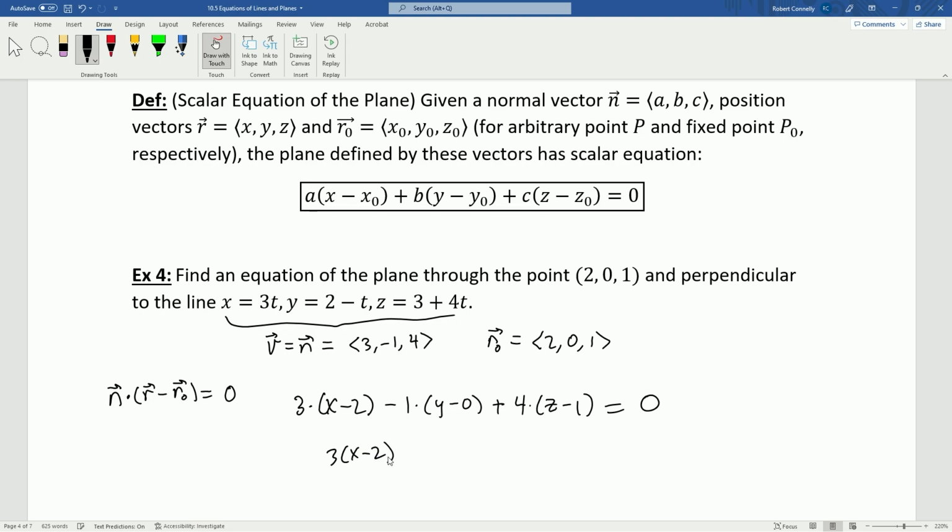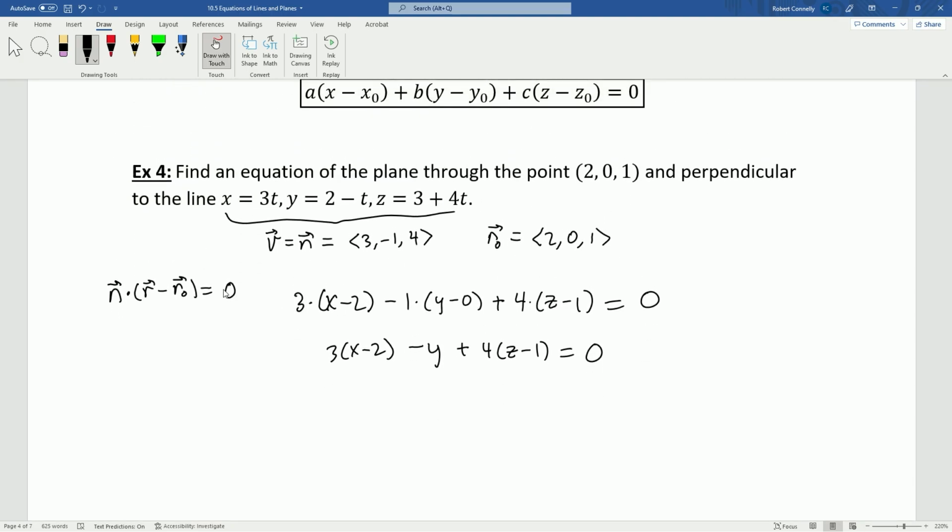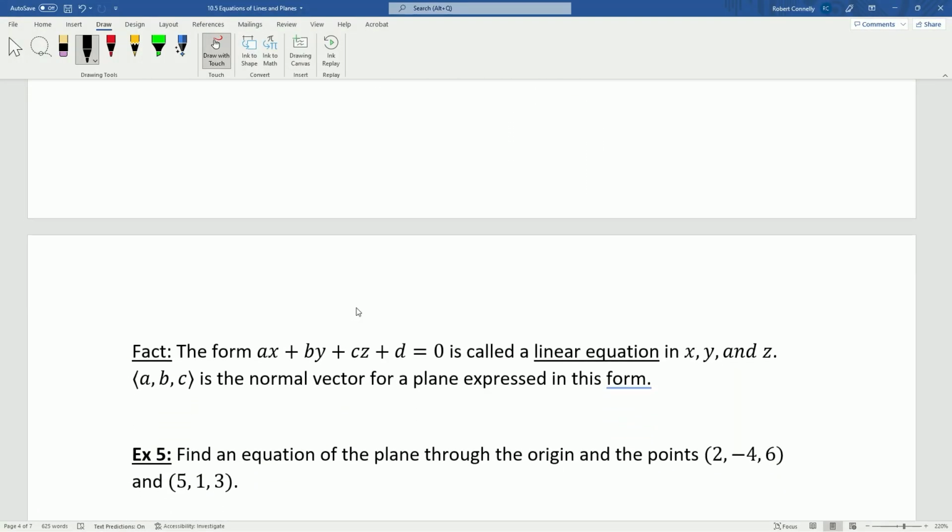And I can rewrite this slightly and just make this negative y, but we'll leave the rest in standard form. Okay, that's it for that example. So let's go ahead and move on.